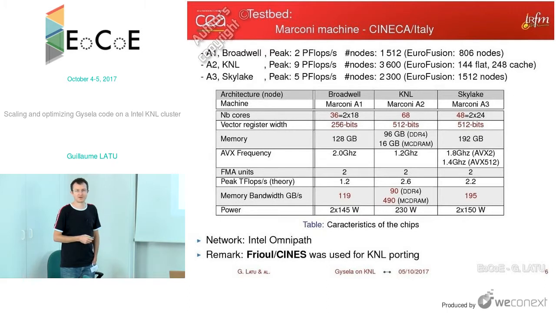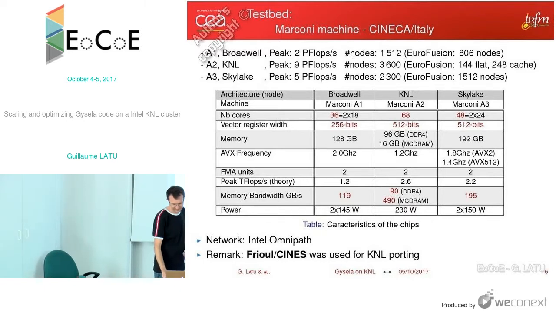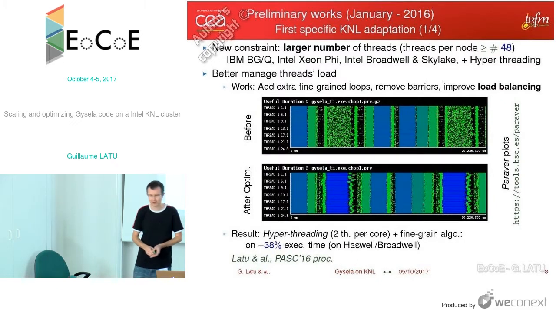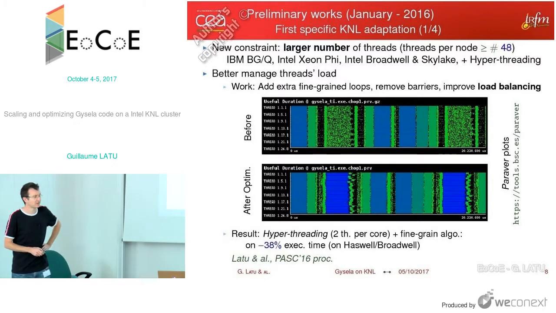And what is very cool is that we can compare the different architectures with the same network. So it's quite interesting to have these results. The first bunch of improvements we made since a bit more than 1 year.